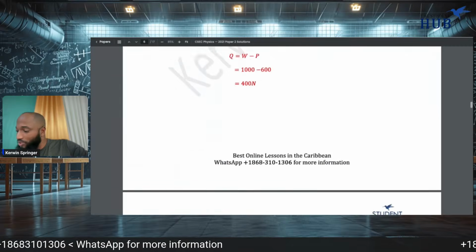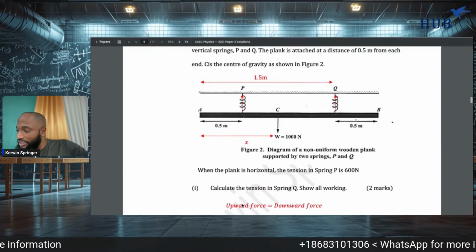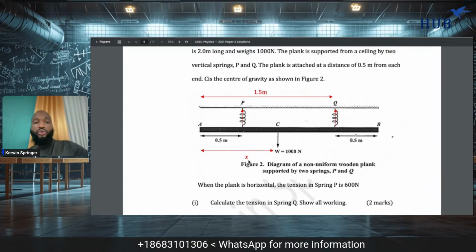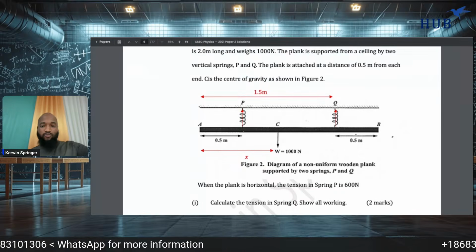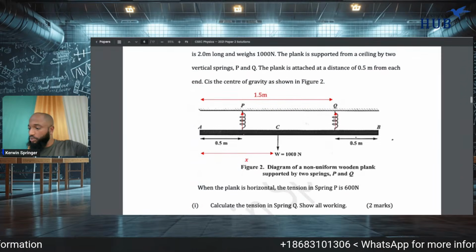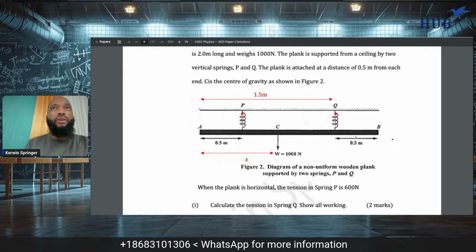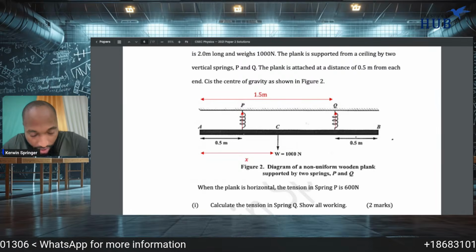Now I want you all to work out X. Determine the distance from P to C. They want this distance here, but I want you all to work out X. Go ahead. So what you need to do is take moments about a point.